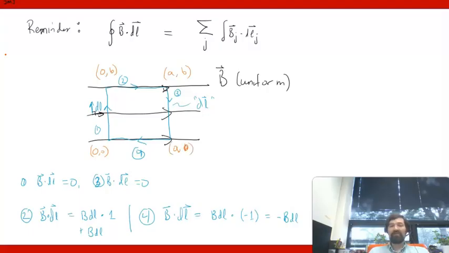If I was going to do this integral of B dot DL, what that essentially means is I have an integral of B dot DL from 0, 0 to 0, B. So you could do from 0 to B, and DL just becomes a dy. So this is 0.